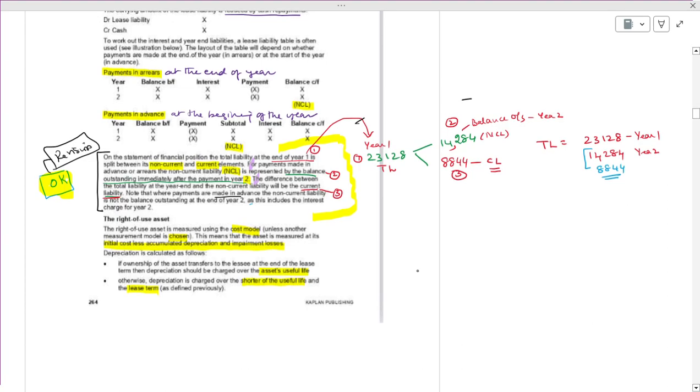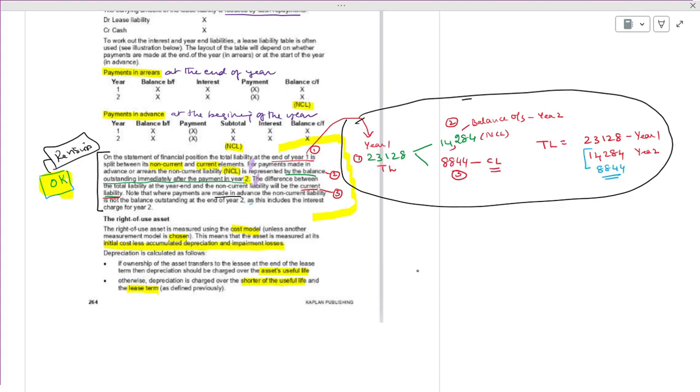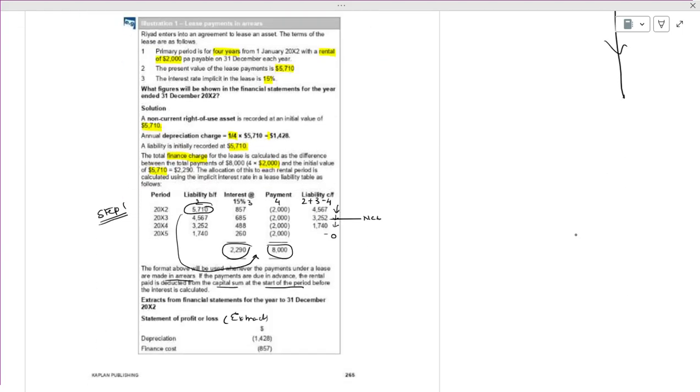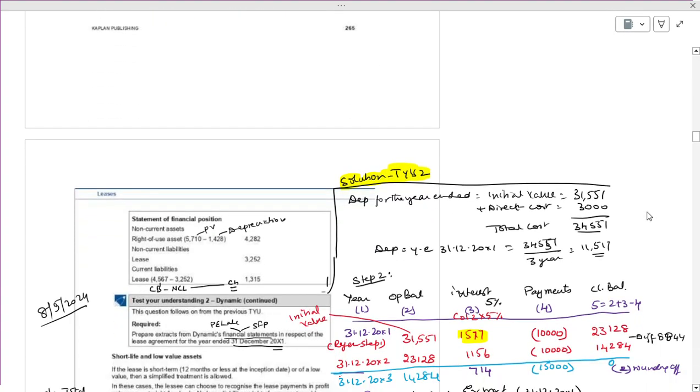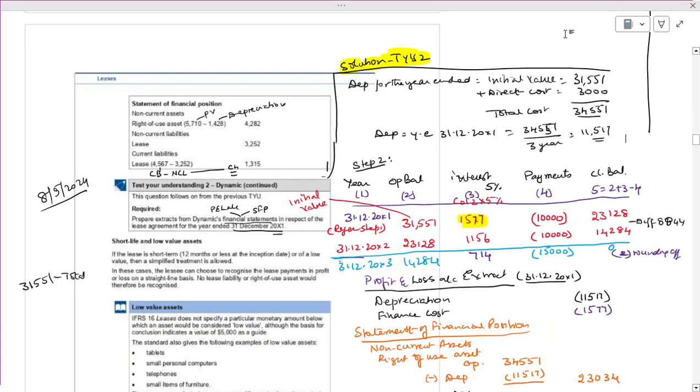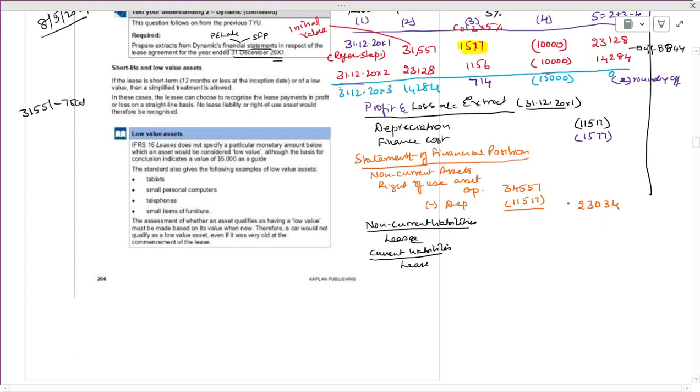I will put this in a circle and take it to the appropriate place, here as well as here.